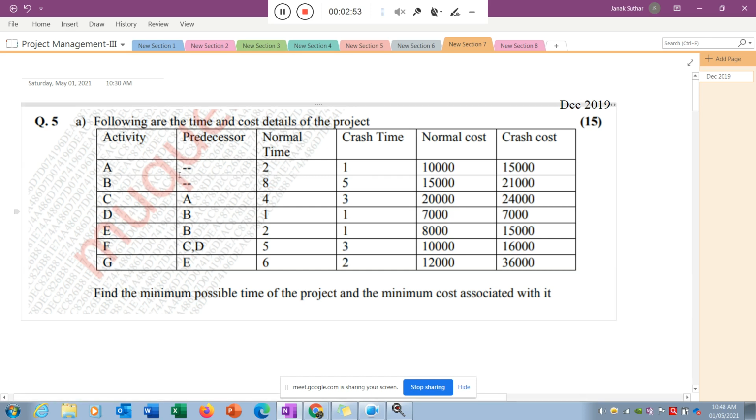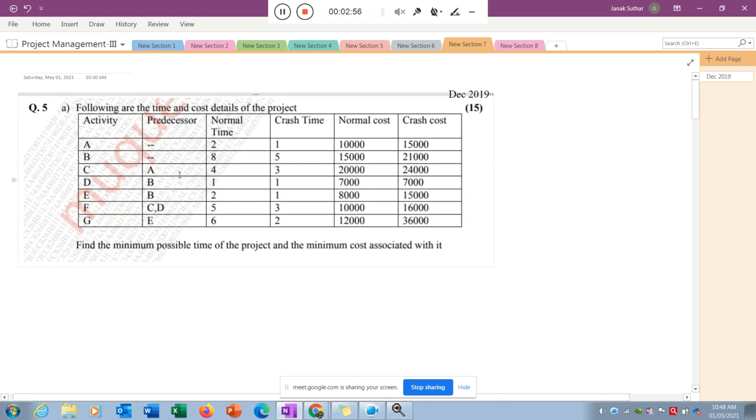Okay, so now first I try to identify the slope related to each activity. Can you tell me, class, what would be the slope for activities A, B, C, D, E, F, G?